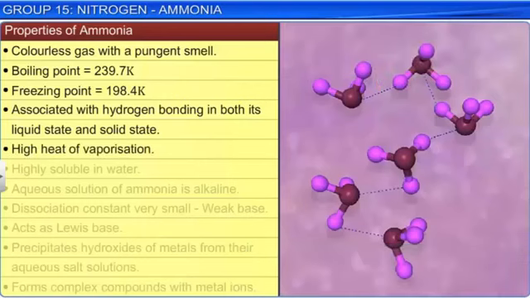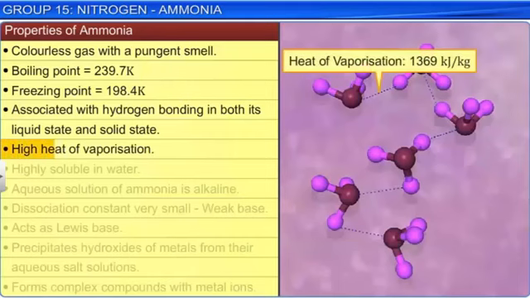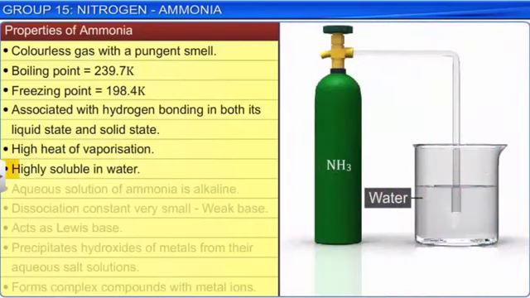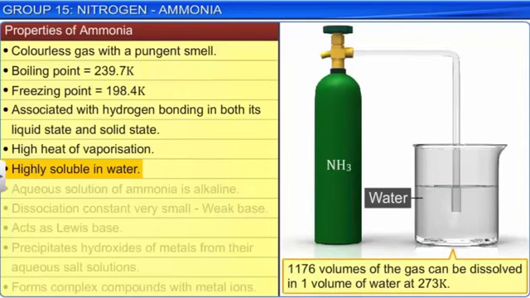Note that liquid ammonia has high heat of vaporization. For the same reason, ammonia is highly soluble in water. Can you think of this? 1176 volumes of the gas can be dissolved in 1 volume of water at 273 Kelvin.